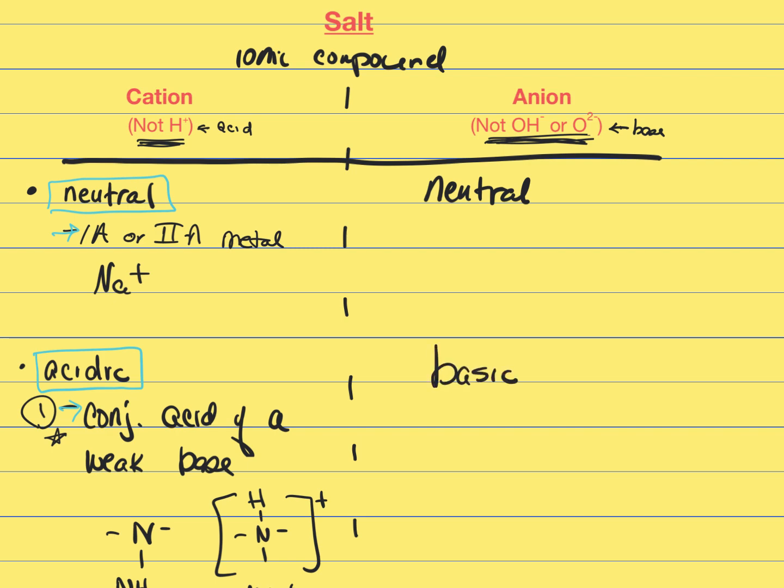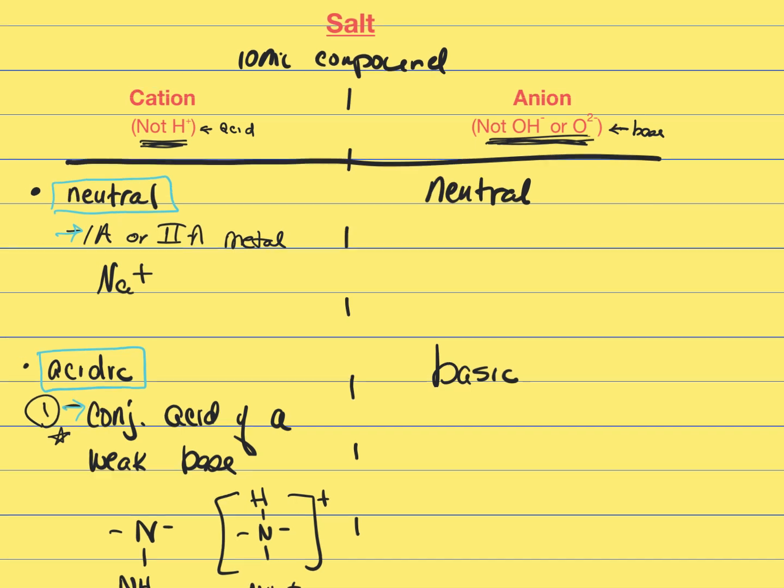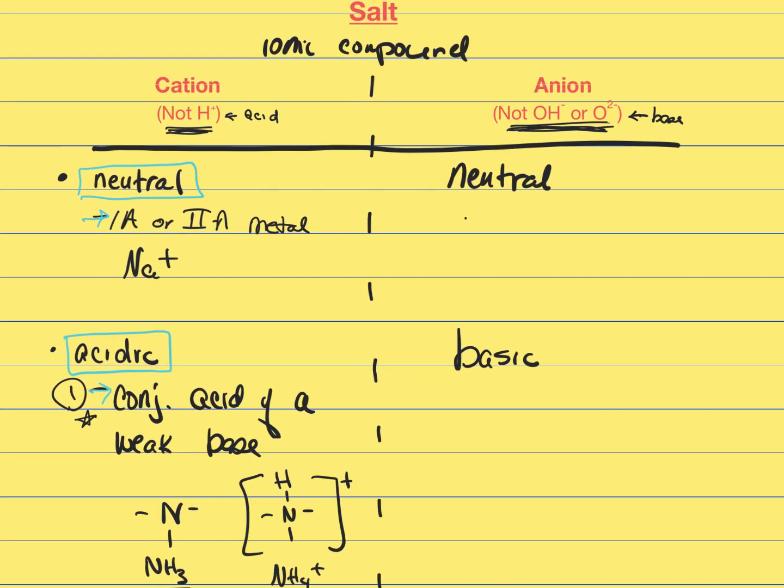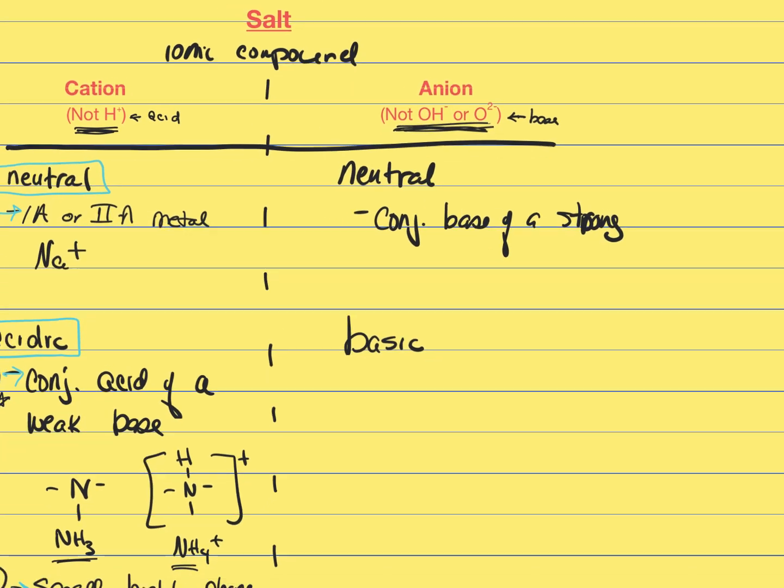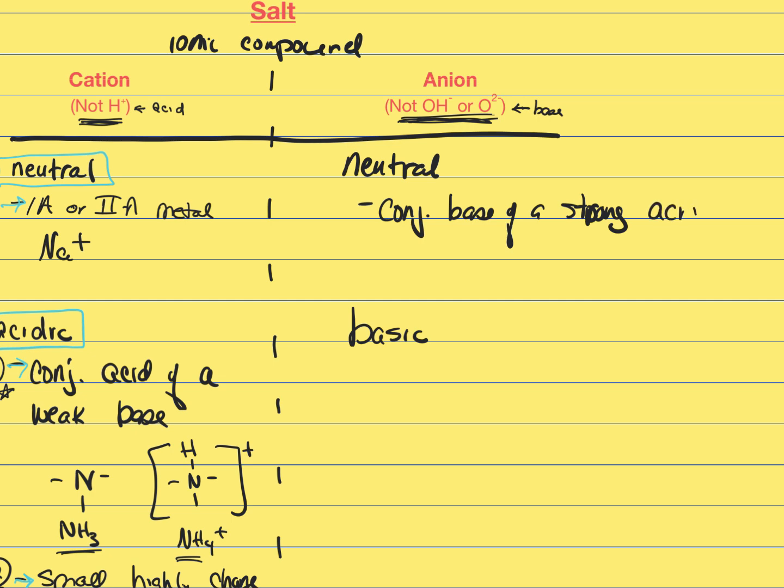So let's see how we are neutral. An anion is going to be the conjugate base of a strong acid. If it is the conjugate base of a strong acid, it will be neutral.